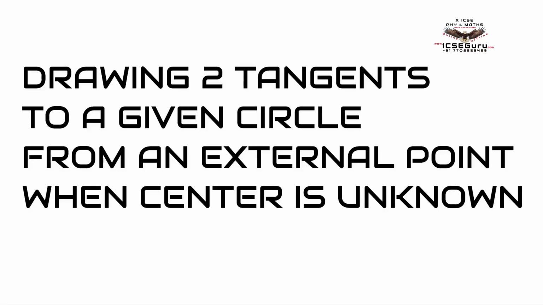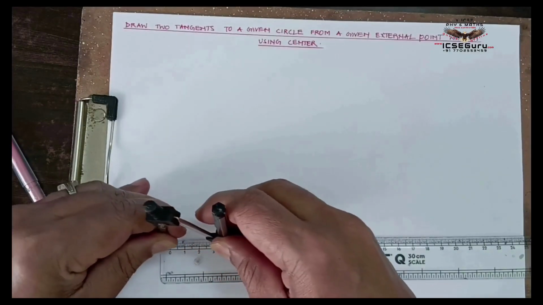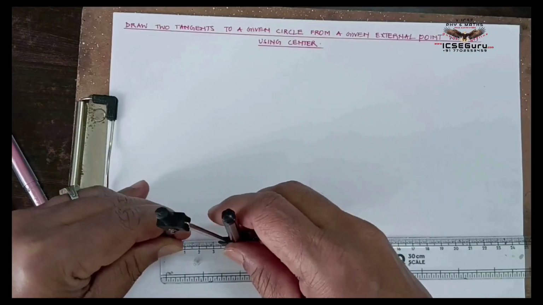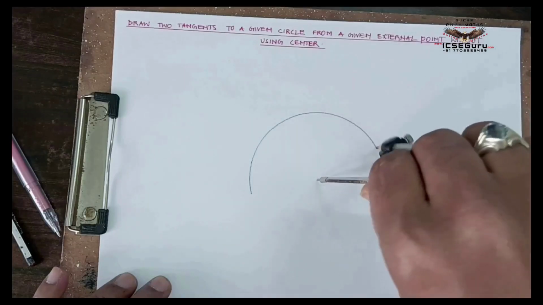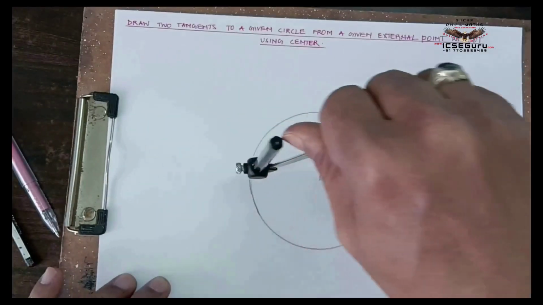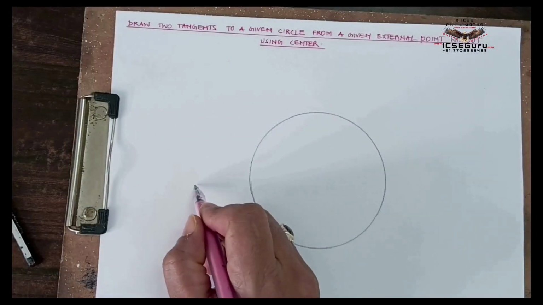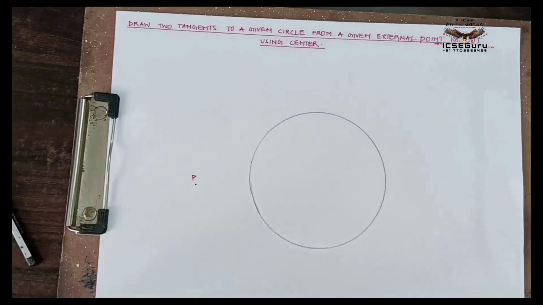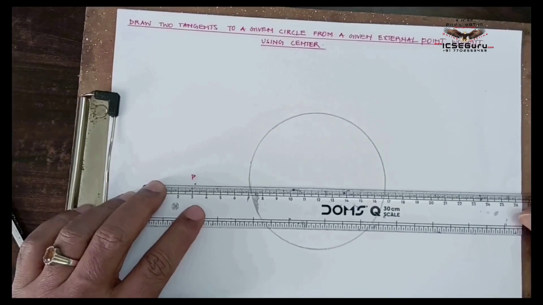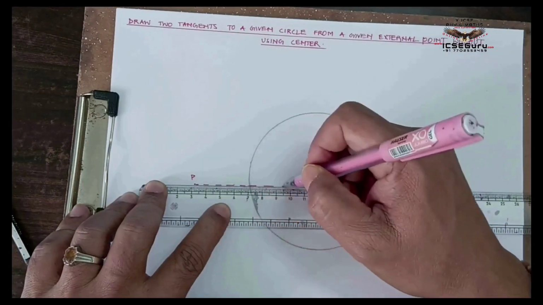To draw two tangents to a given circle from an external point when center is unknown, draw the circle with the given radius. Identify the external given point and mark it P. Draw a secant PAB to the circle.